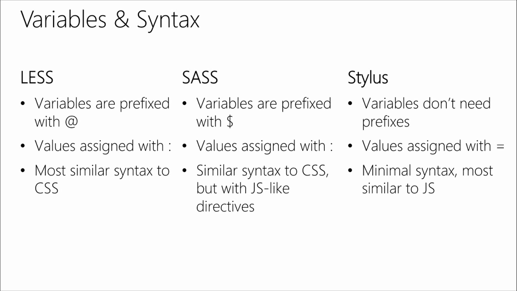And you assign values to those variables with a colon, much like you do in CSS. In fact, the syntax of Less is most like CSS, and this even extends down to how they create loops and things like that, which does make it a bit less intuitive to users than if you had a more JavaScript-like directive.